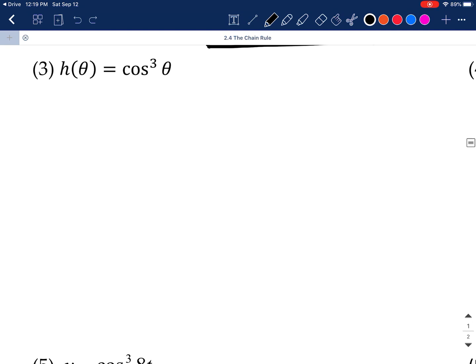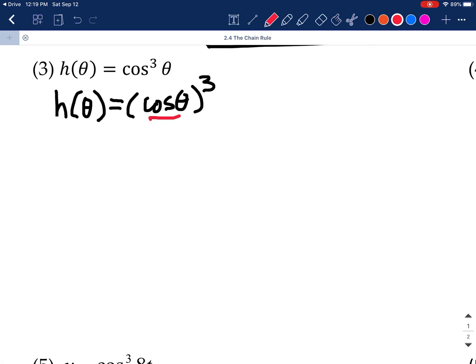So for number 3, we've got cosine cubed theta. What I'm going to recommend for trig functions is to always, always, always rewrite them so that you can identify the composition. So cosine cubed theta is the same as cosine theta quantity cubed, because now I can see my inside function, which is cosine, and my outside function, which is the cubic function.